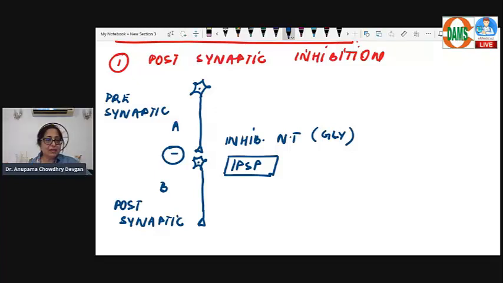It produces an IPSP in B, inhibits B. This is called postsynaptic inhibition. That means basically your neuron A here is an inhibitory neuron which releases an inhibitory neurotransmitter, usually glycine, producing an IPSP.